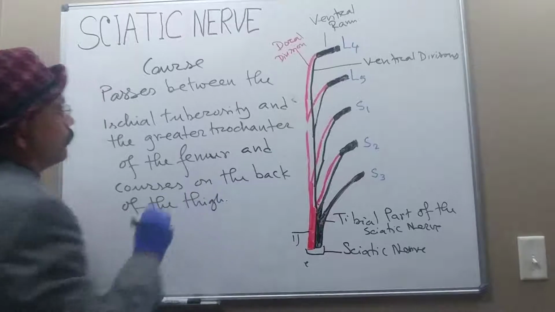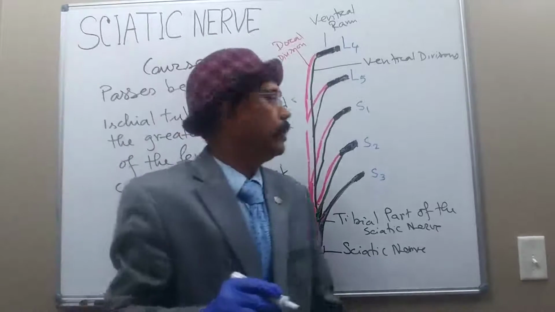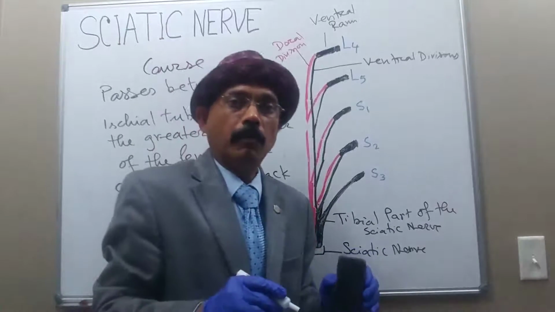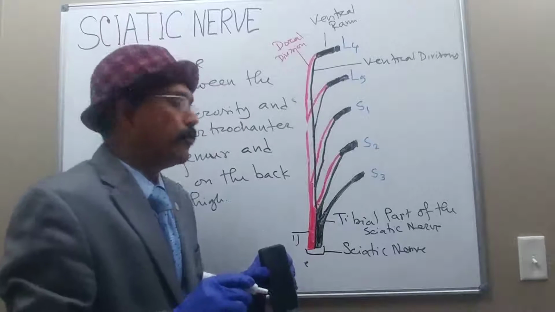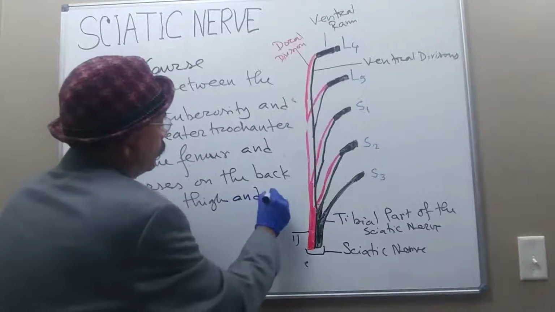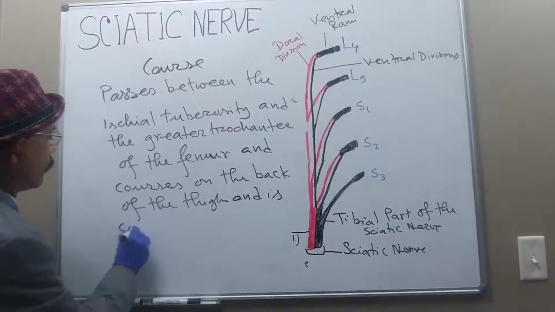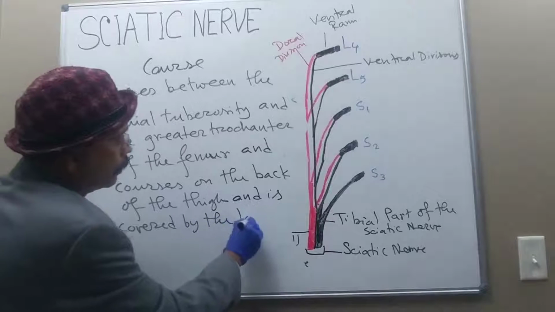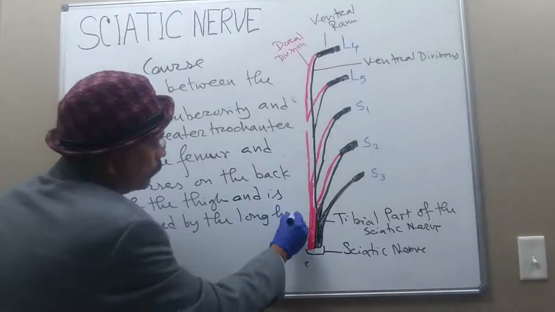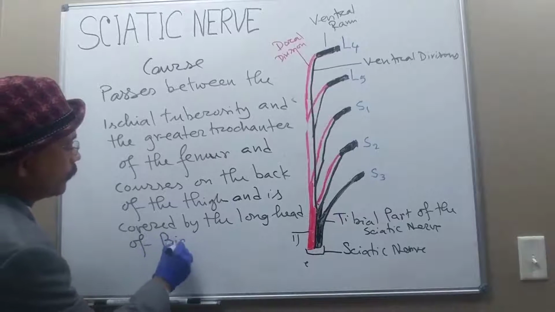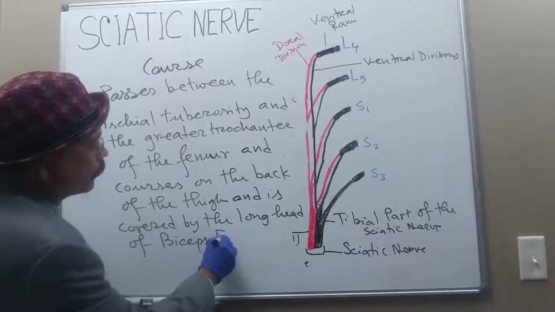So its relationship here at the back of the thigh, it is covered by the biceps femoris muscle, covered by the long head of biceps femoris.